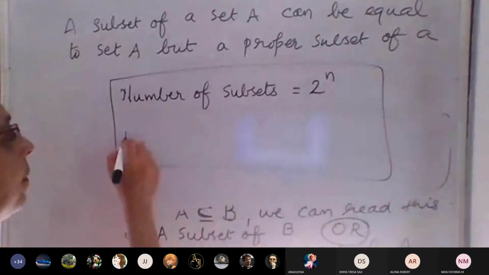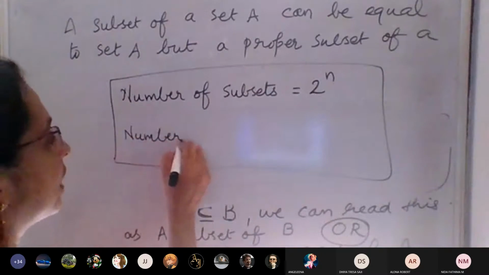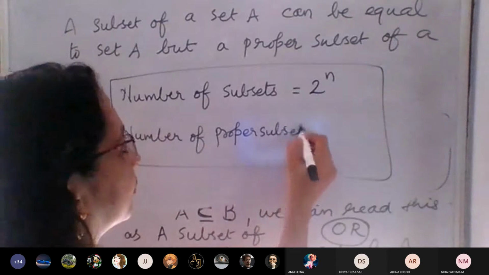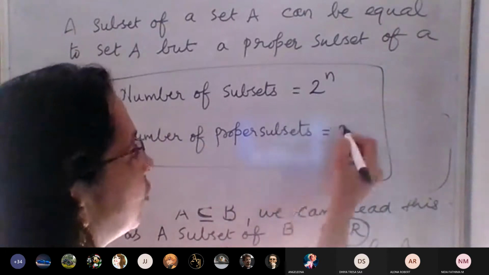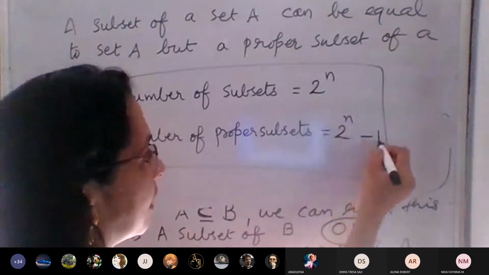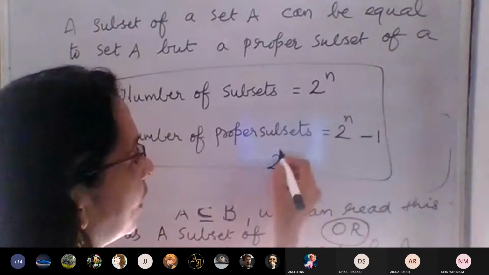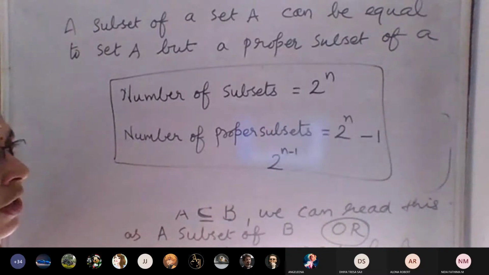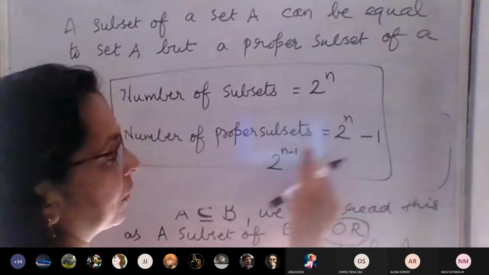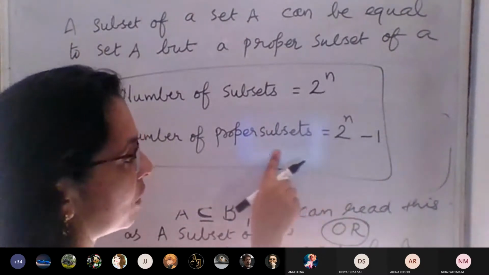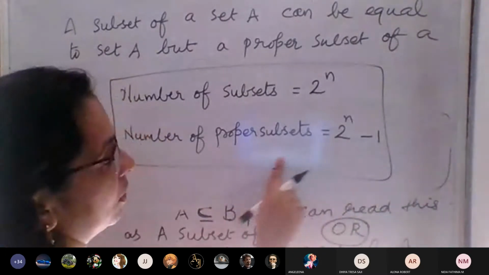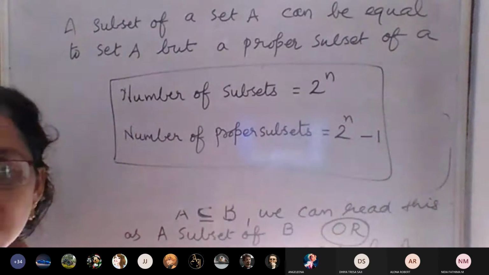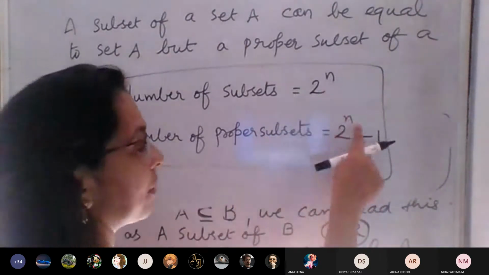Same way, to find the number of proper subsets is equal to 2 raised to n minus 1. Here the minus is not in the power. Understood? 2 raised to n, then minus 1. Writing 2 raised to n minus 1 in the power is wrong.